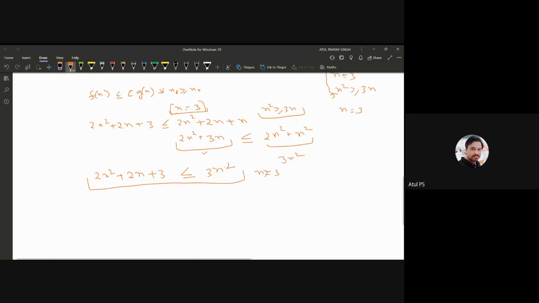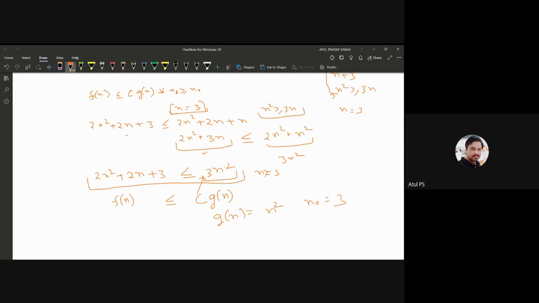So this is the actual f(n) function, and it is less than or equal to this, which we compare with c g(n). Here c equal to 3, g(n) equal to n square, and n naught equal to 3.